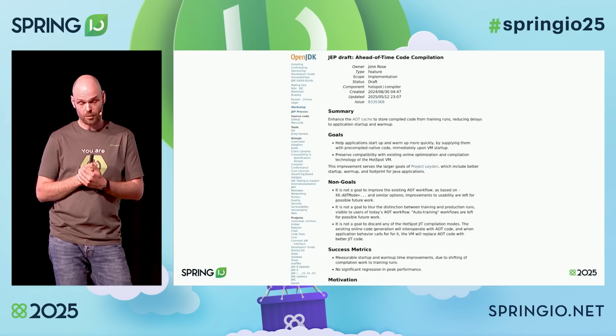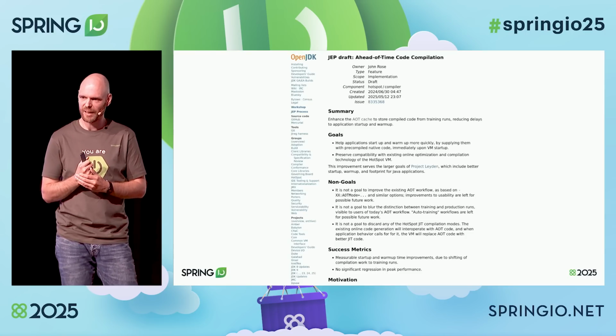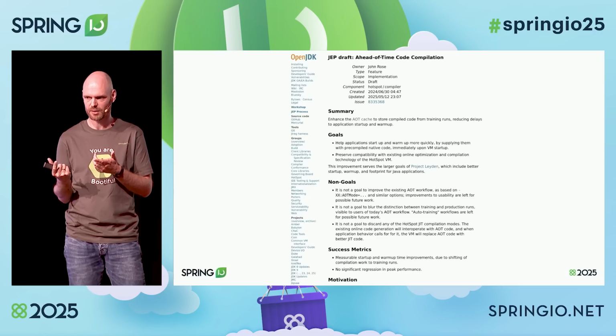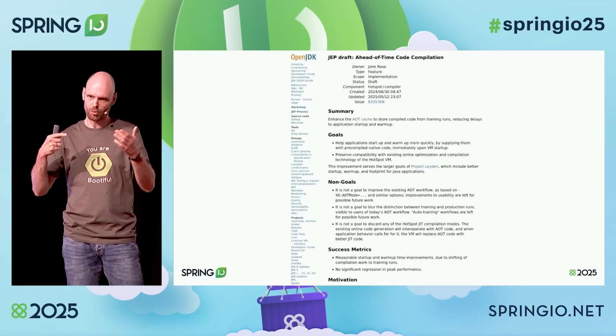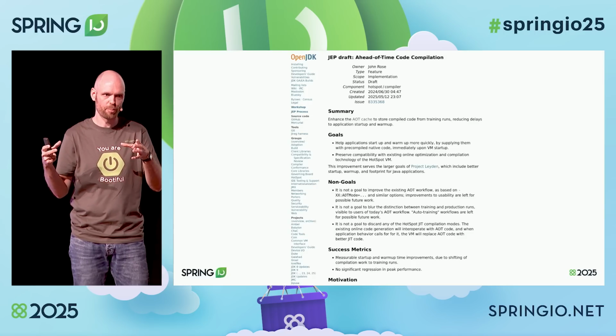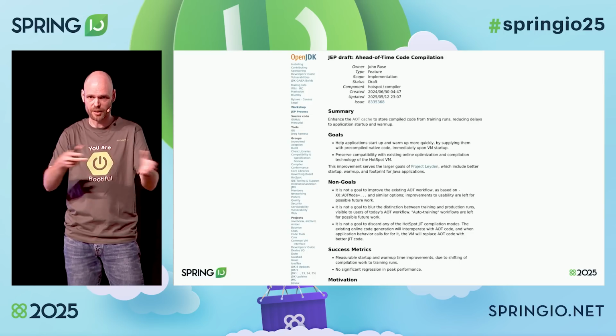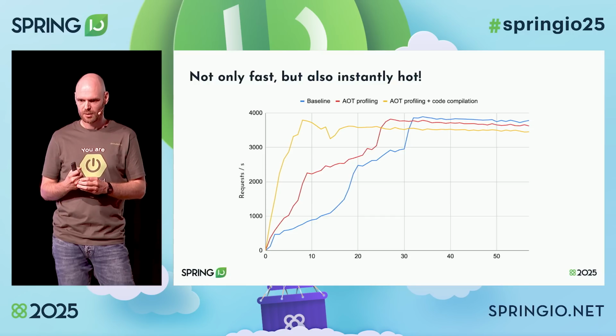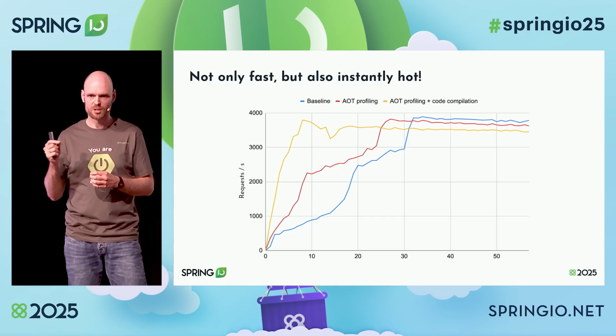And there's also the idea of ahead-of-time compilation, which means why compile stuff with a JIT at runtime when you can also do it in the training run and then just store the compiled code in the cache and then use it on startup, which means your application does not only start faster, but it's also instantly hot.